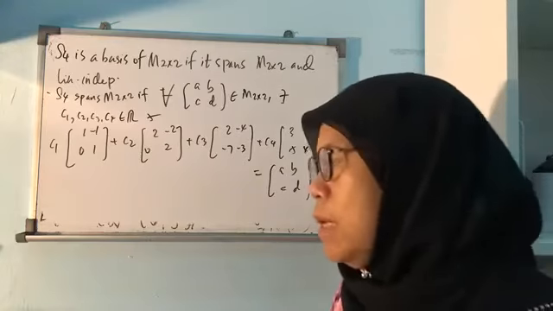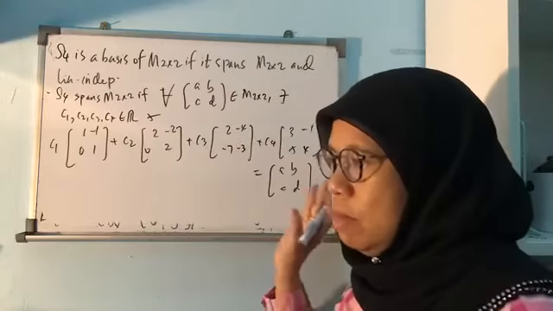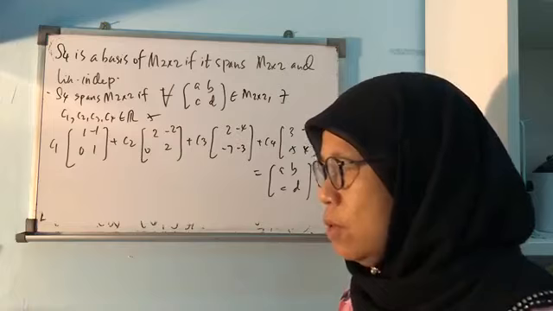And linearly independent if the combination equal to 0 implies C1, C2, C3, C4 are 0.